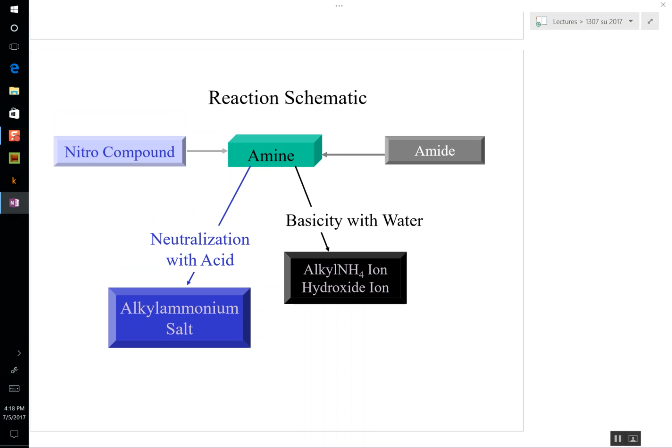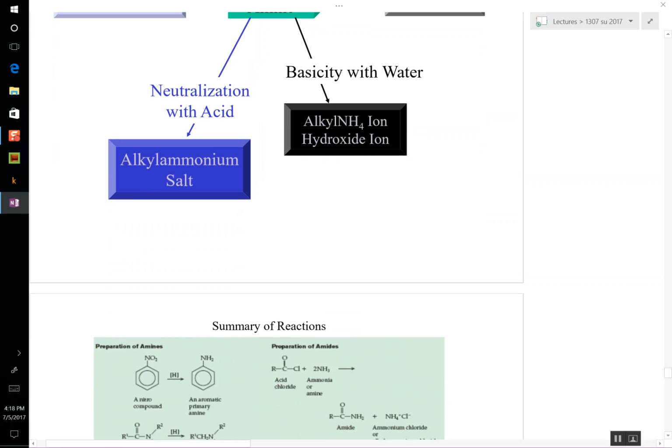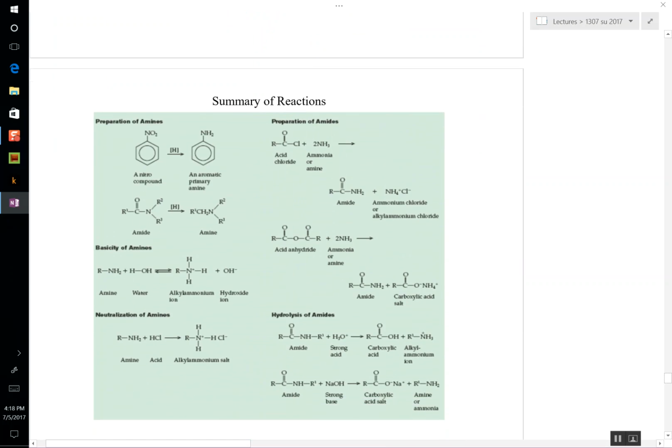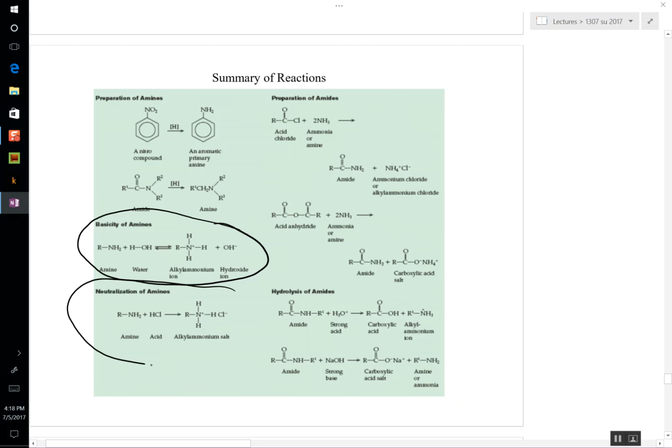Okay, there were a whole bunch of slides in there of just examples of nitrogen-containing molecules, and you don't need to know all of those. All right, so in terms of reactions, there's not a lot. Here's your basicity of amines. Know that reaction. Here's your neutralization of amines. Know that reaction.